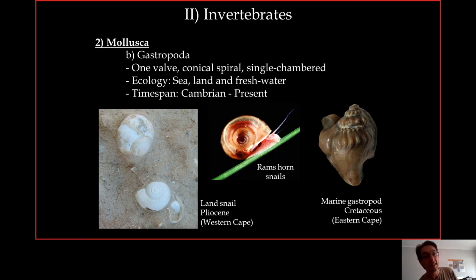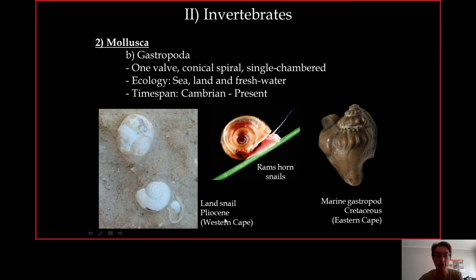They can live in the sea. They can live on land. Think about your regular snail that you see every day. So they can live in the sea, on land, and in fresh water. For example, the ram's horn snail lives in fresh water. You have marine gastropods, and you have, like this, land snails.